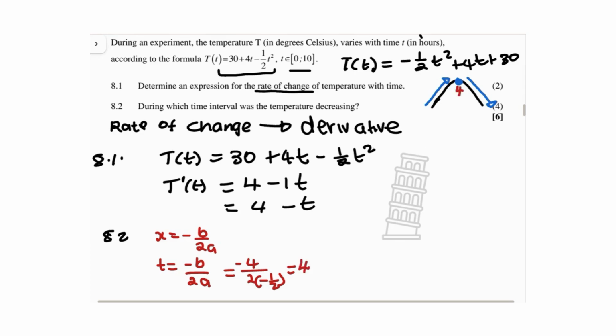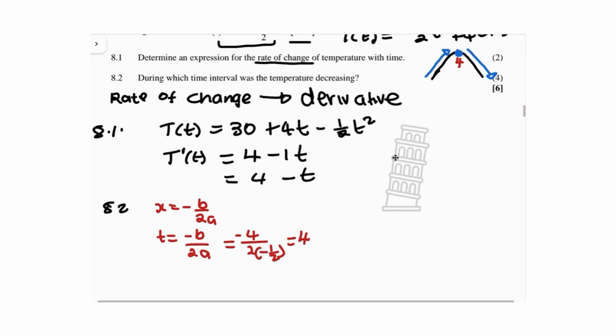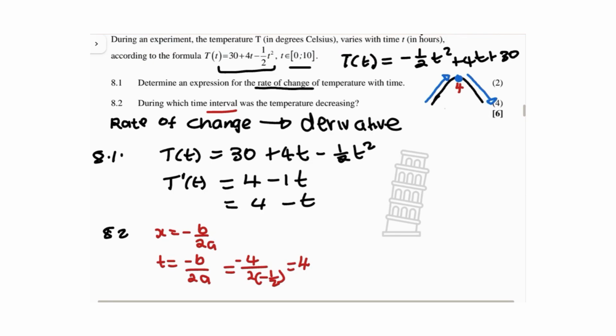Remember, the graph is between 0 and 10. Because we want the interval where the temperature was decreasing, and we know the last point after the turning point is 10 and the smallest is 0, because the graph must exist only between those times.